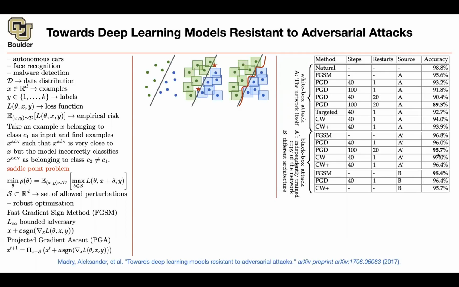There is a network that is fixed, that is mounted on the machine, on the car. Now we want to attack it. Let's say we are a very effective adversary and we have access to the architecture of the network and we have access to the data that the company used to come up with that architecture. That's going to be a white box attack. And that, by construction, is going to be the most effective one because you have access to every single detail.